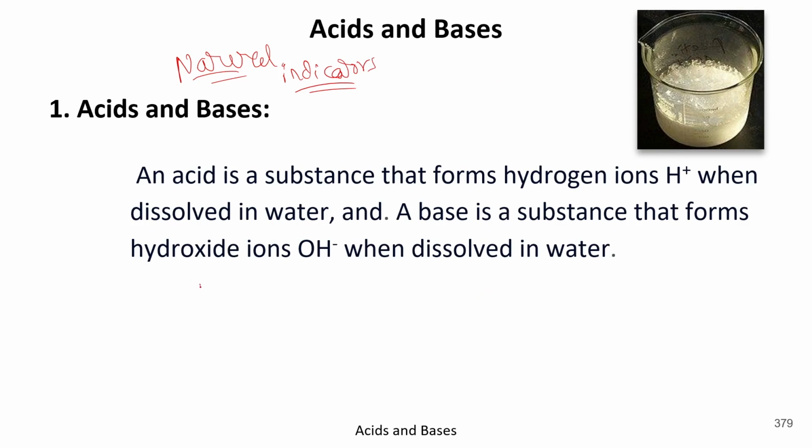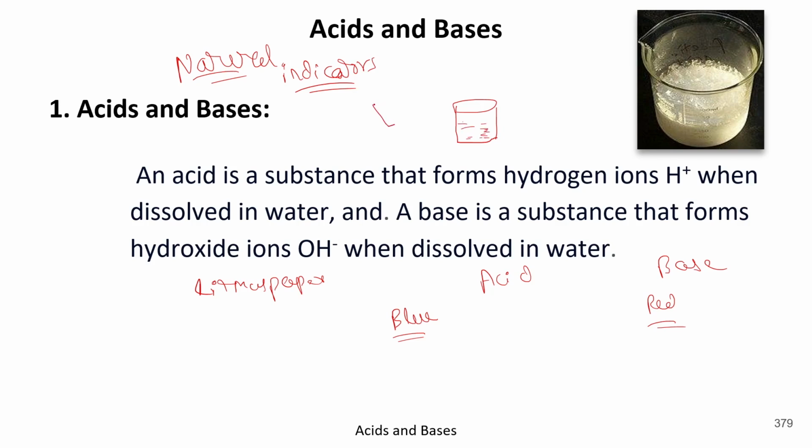For litmus paper, for acid we generally use blue litmus paper. For base, we generally use red litmus paper. Okay. Suppose this is a beaker in which the substance has been placed, and this will be your litmus paper.